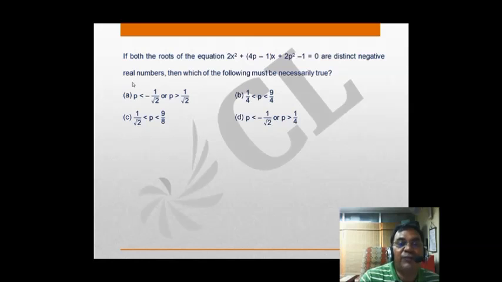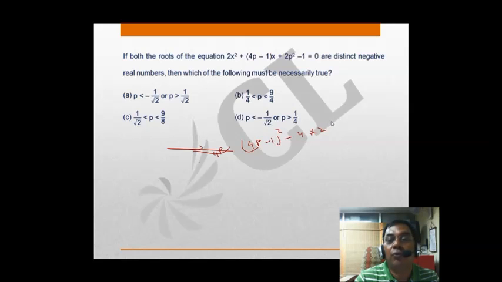So, first value I'll take 4p minus, whole square minus 4 into 2 into minus 1 has to be greater than or equal to 0.